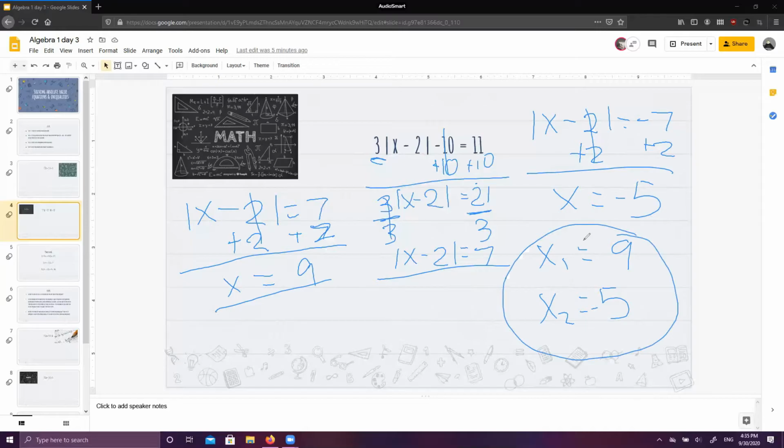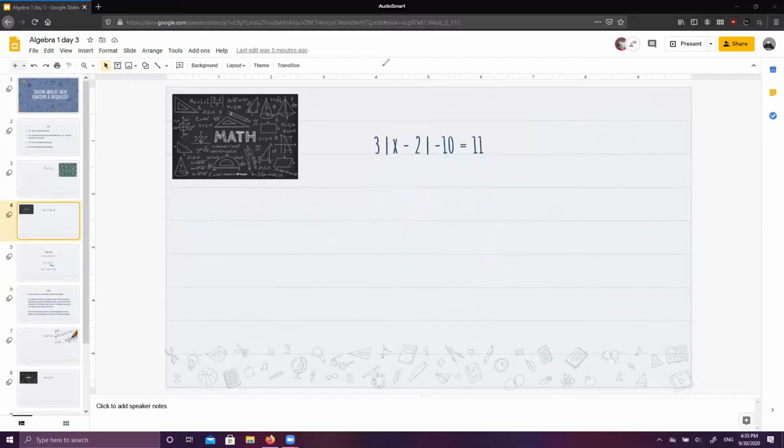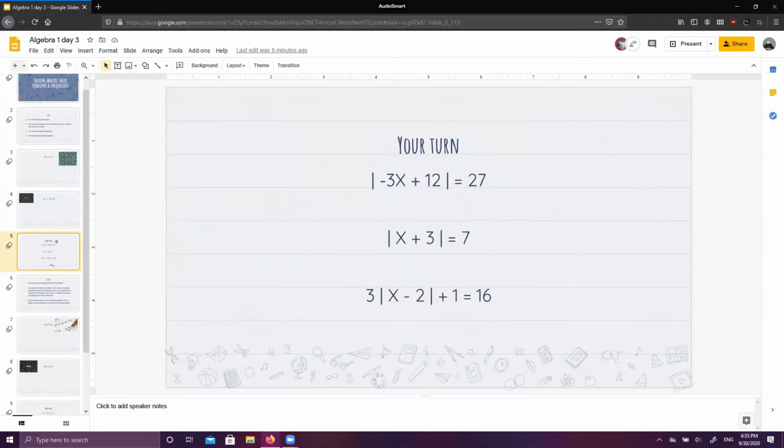Now, take your time and try these 3 equations for yourself as your practice. And now I'm going to pass on our absolute value inequalities to Ivy.